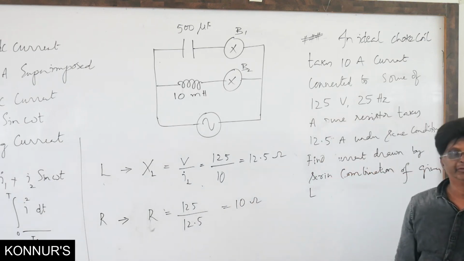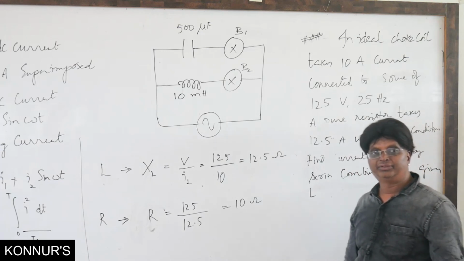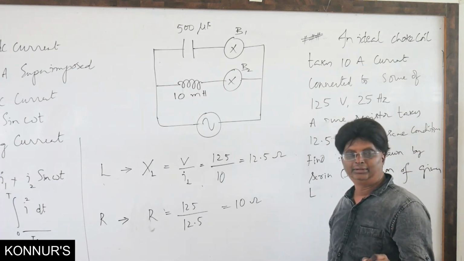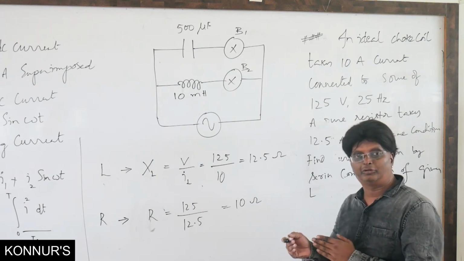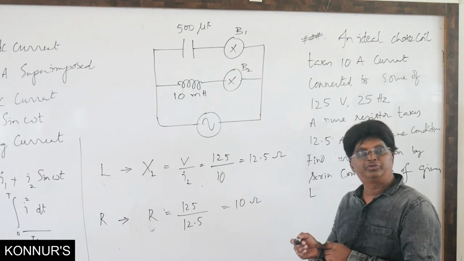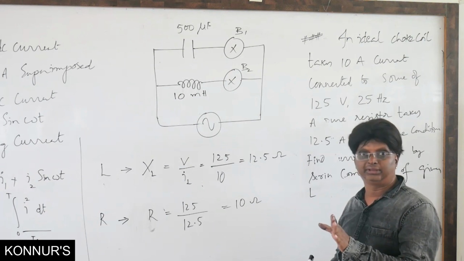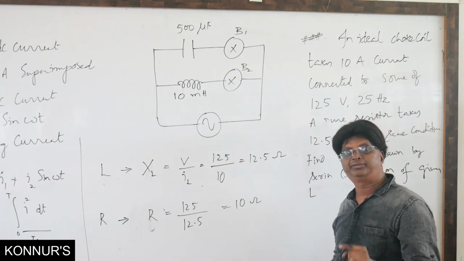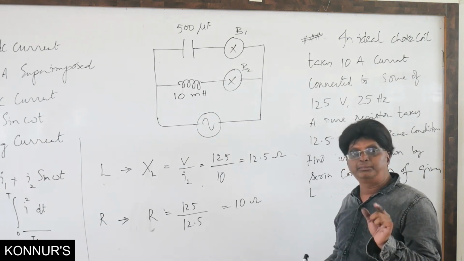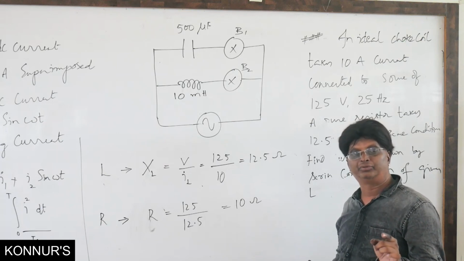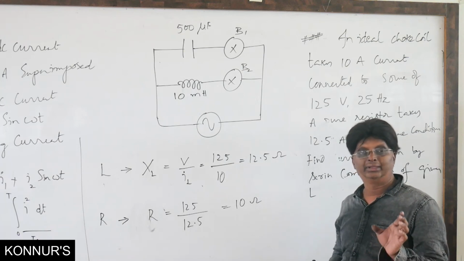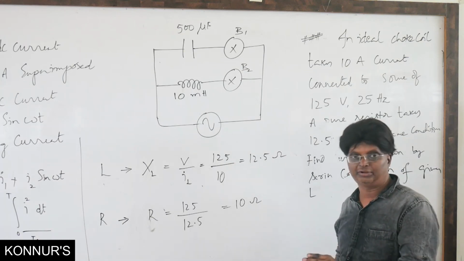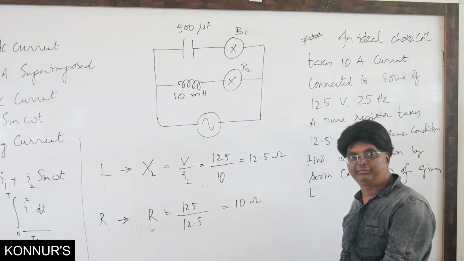Now we have to find the case of the series combination of L and R. This is a misconception that we have. When it is the series combination of L and R, it is not the case of two resistors in series. No, because in AC circuits, when there are both X value and R value, the effective is the impedance, which is not R1 plus R2, it is not R plus X value.